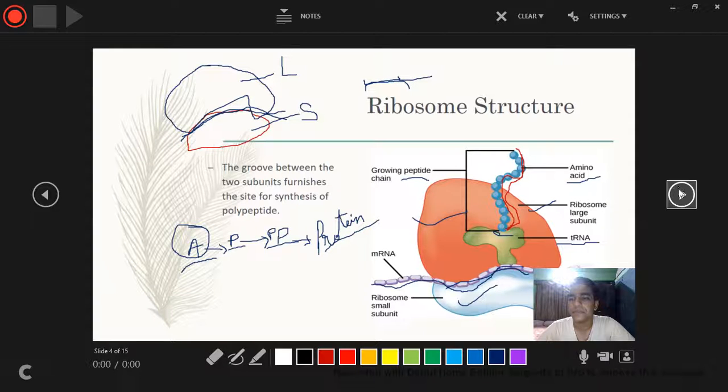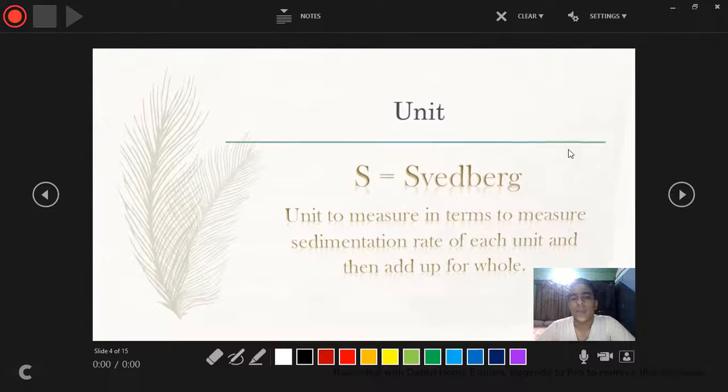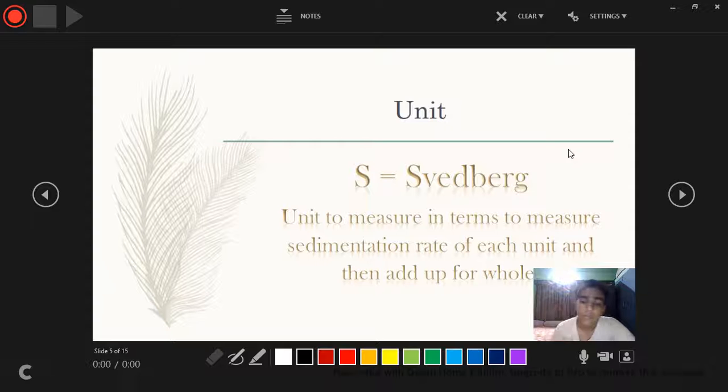That's the thing. Now I was talking about the unit. S is the unit. It stands for Swedberg. Again I am drawing. This time I will draw bigger. Okay. So this is the larger subunit. This is the smaller subunit. Okay.